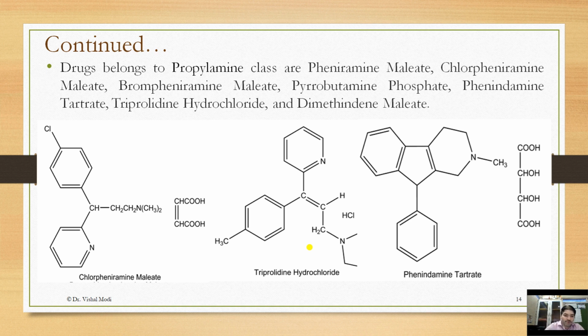Okay. So, this is the chlorine at the para position in the aromatic ring, and according to this substitution at the para position, it is called pheniramine, chlorpheniramine, and brompheniramine. Okay.